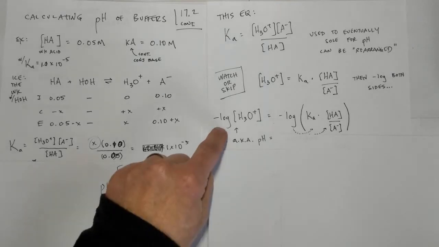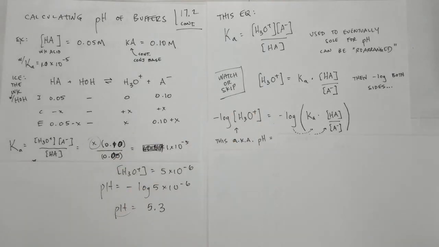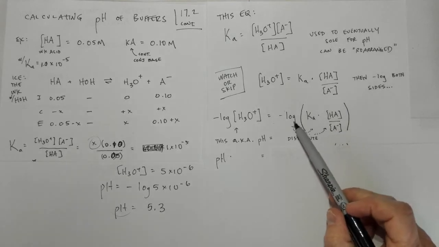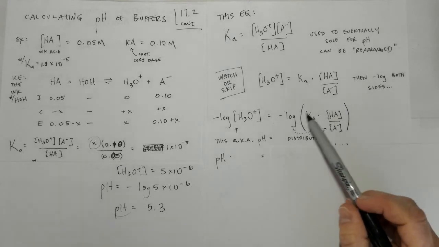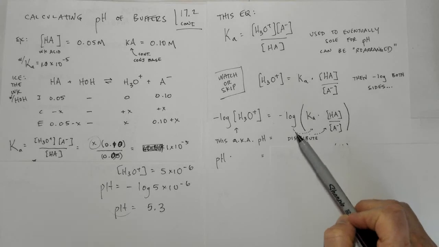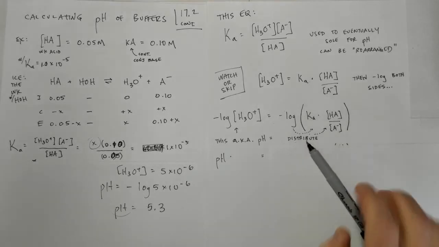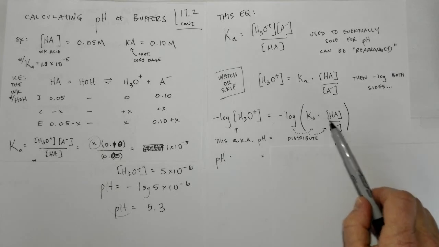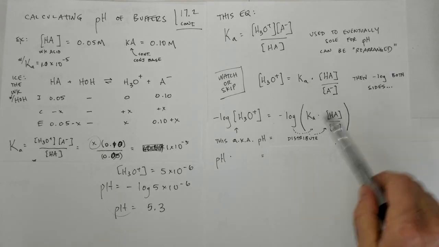And so I can substitute pH in for this. And so therefore pH is equal to the negative log of this thing. When you have the log of something multiplied by something else, remember the rule of logs actually lets you, I'll use the word distribute or push the log times Ka plus this logarithm.